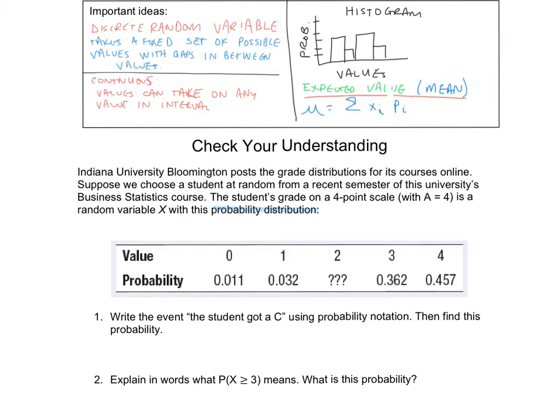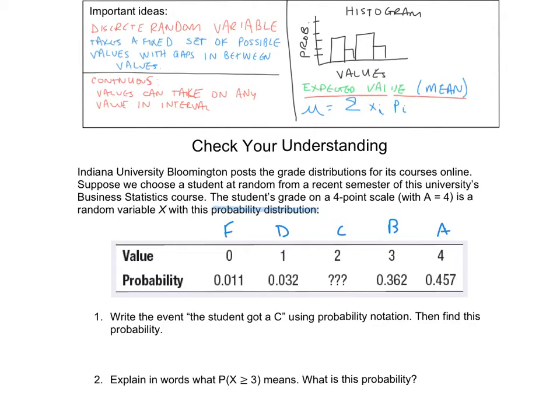We're talking about a different context here perhaps when we're looking at this mean or the expected value. But we know what a probability distribution is. What would make up a valid probability model here? Our values of 0, 1, 2, 3, 4, remember this is grades, so this would be A, B, C, D, F. Keep that in mind.